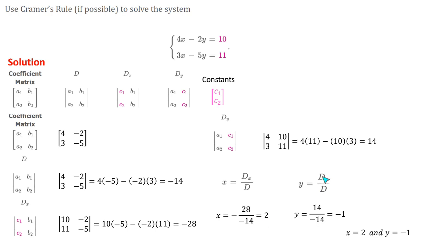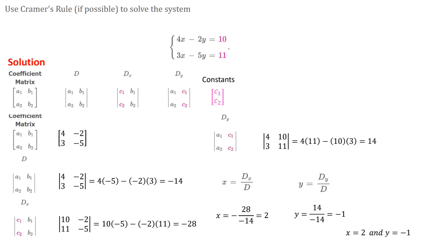And then dy is 14, and d is negative 14, so we get negative 1. So my solution is going to be 2 for x and negative 1 for y. Okay, so that is using the determinant to find the solution to the system.